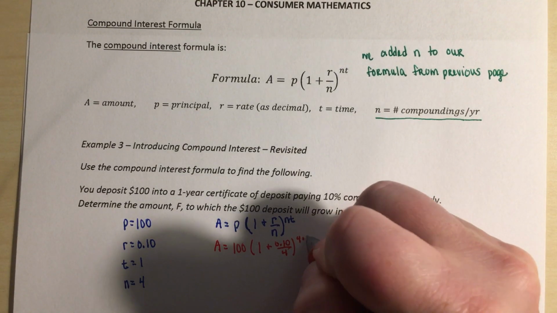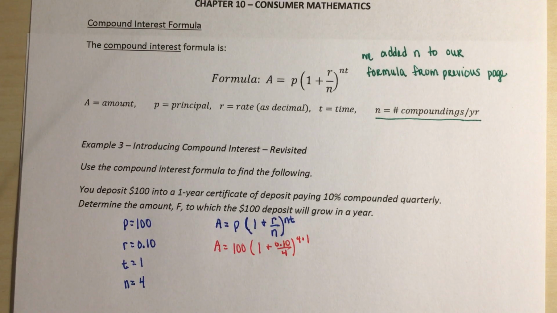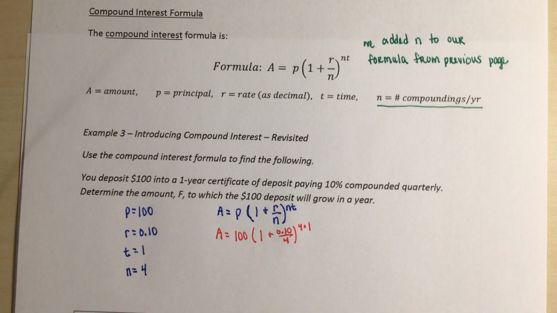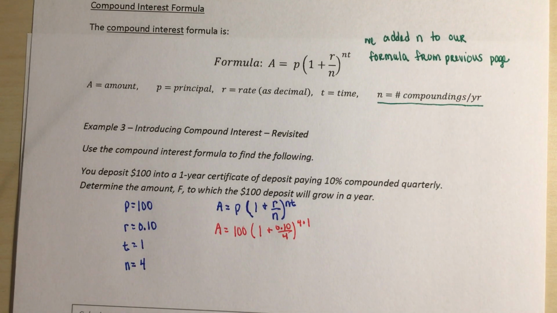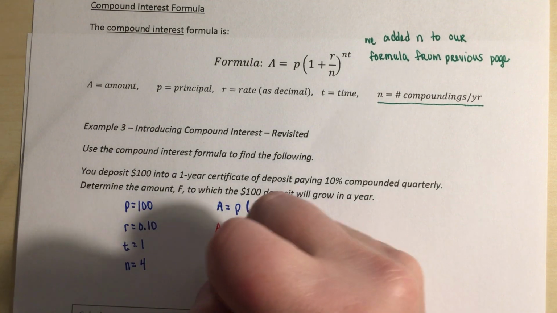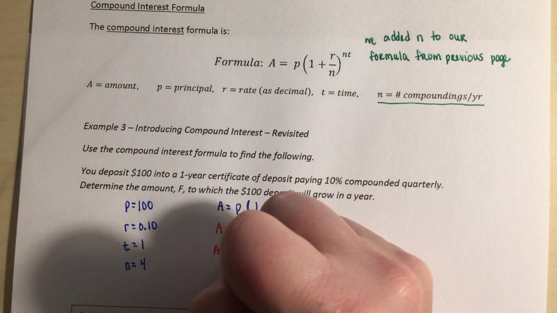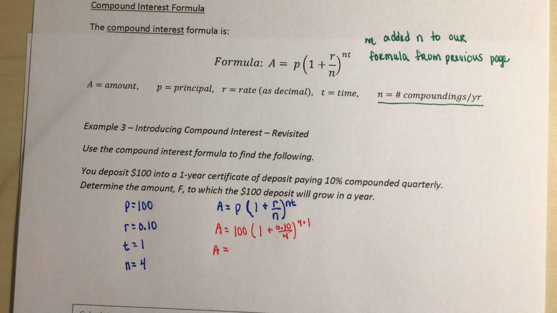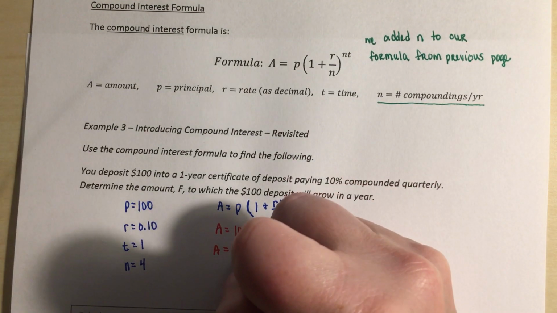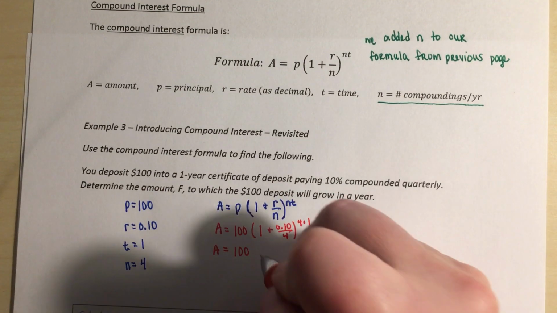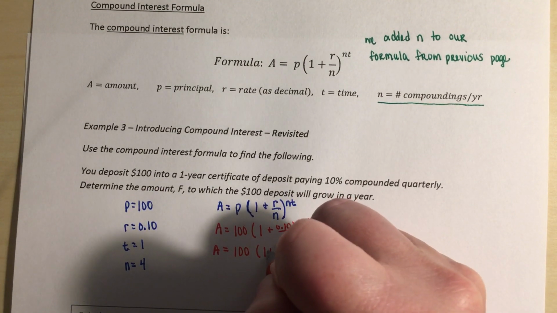So we have 4 times 1. I know that's a little tiny, but I'm trying to squeeze all of this in here. I'm going to simplify this a little bit. I will show this broken down step by step, and then we'll give you a shortcut for how to do this on your calculator. So we'll keep our 100 times 1 plus.